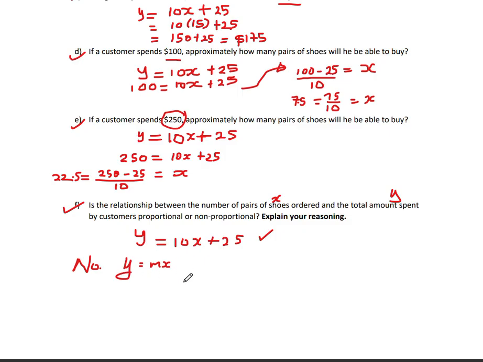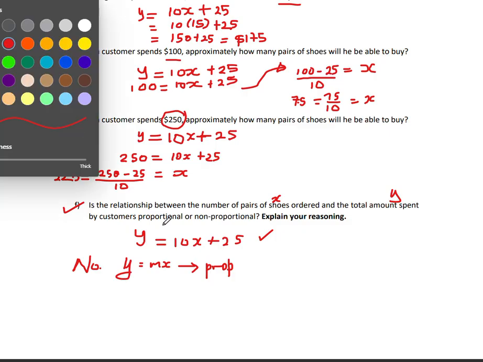The reasoning as to why this is not proportional is because y equal mx is the standard form for proportionality, where the y-intercept would be 0. But in the function that we're working with, y equals 10x plus 25, the y-intercept is a non-zero value of 25. So proportionality is not satisfied by this.